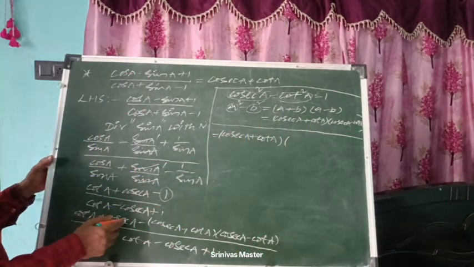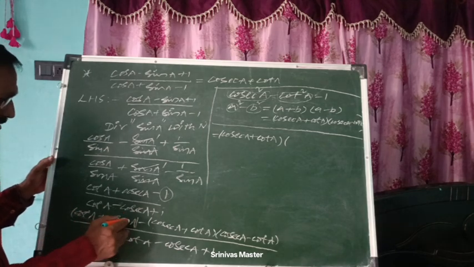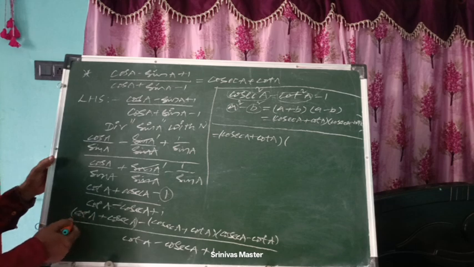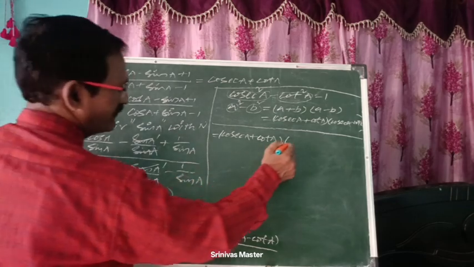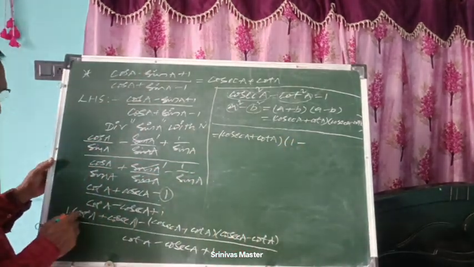Here cot A plus cosec A and cosec A plus cot A are both the same, I told, no? So whenever you take cosec A plus cot A as a common factor, how much will be there here? 1 will be there. Some of the children don't know that here 1 is the coefficient. So suppose you are confused, simply you can take that 1. So here 1 is there because this is the common factor.